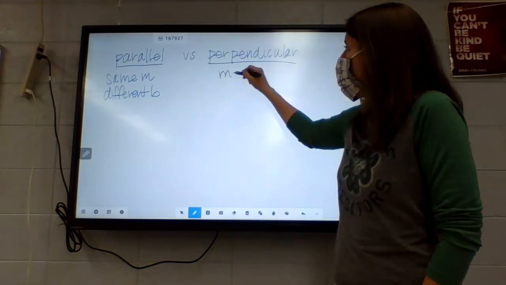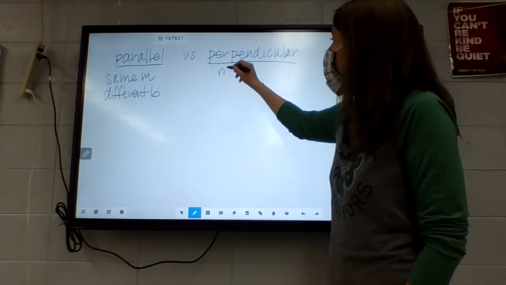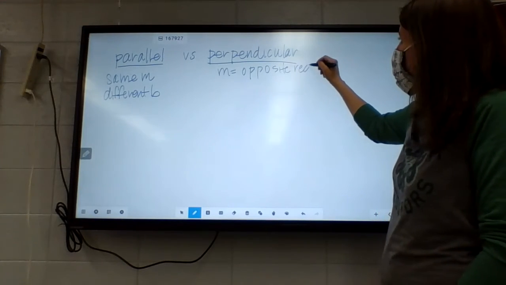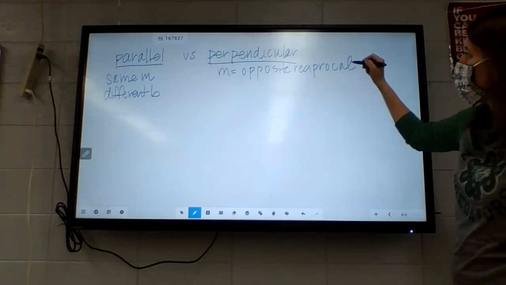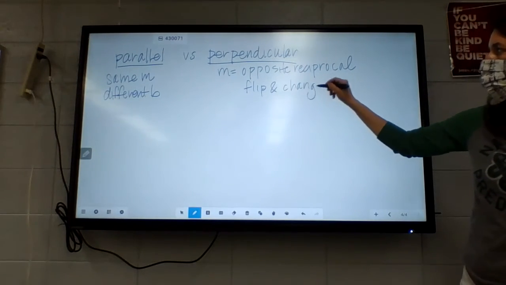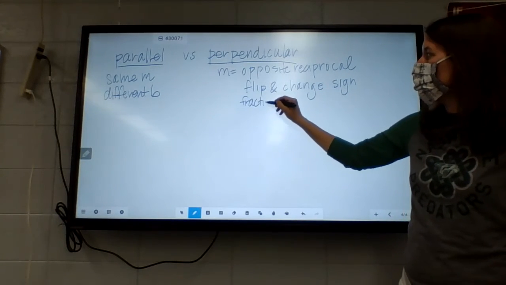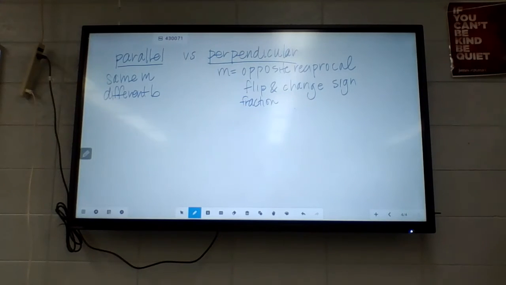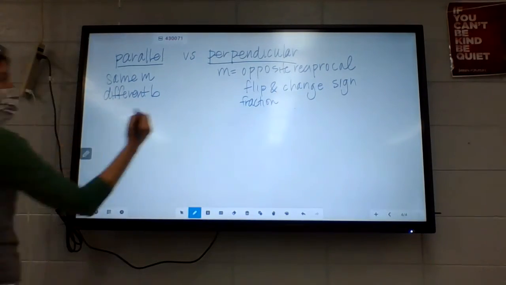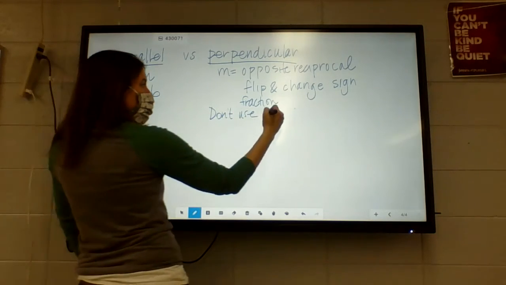So m, it's the opposite reciprocal, which means you flip the fraction and change the sign. And then we do still find a new b. So don't use their b. It could be the same b, but don't use theirs.